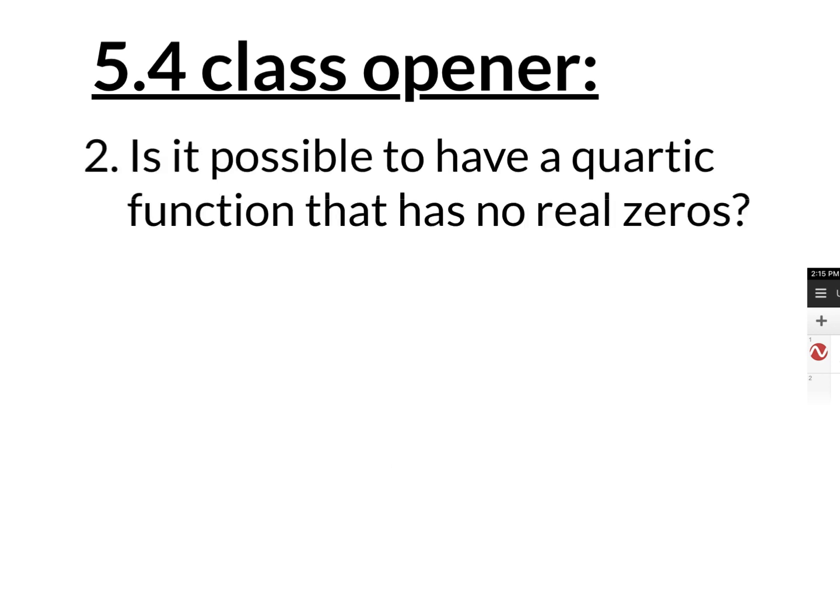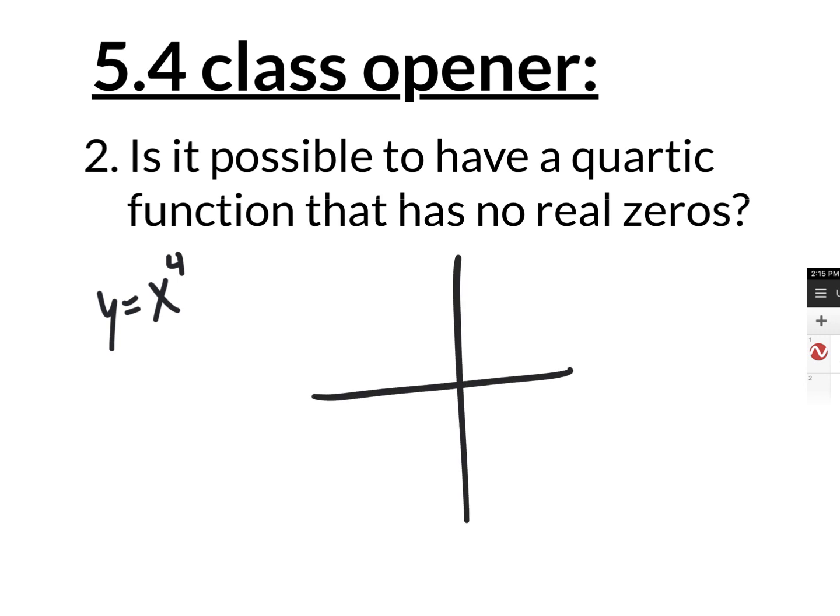Is it possible to have a quartic function that has no real zeros? What do you guys think? What does quartic mean? 4. So you have y equals x to the 4th. Now if I did have this most basic quartic function, where would it have end behavior at? 1 and 2. That's right. End behavior is up here and up here.